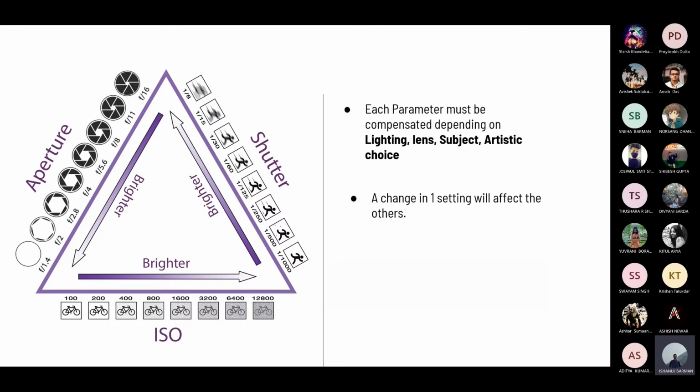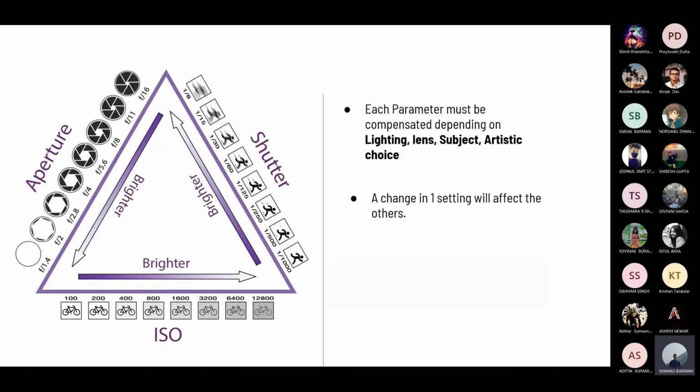If you keep two of the parameters constant, for example aperture and shutter speed, you'll have to adjust the lighting of your photo using ISO. So that's the thing.